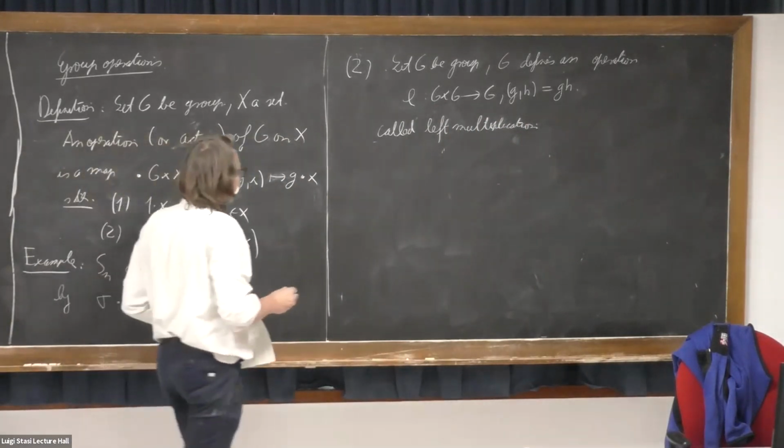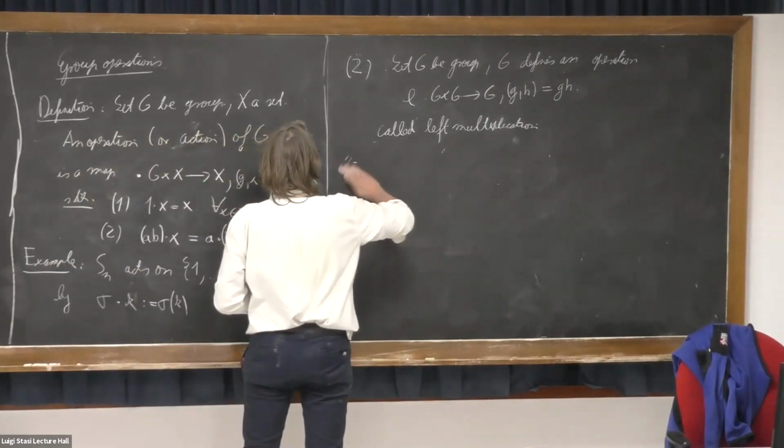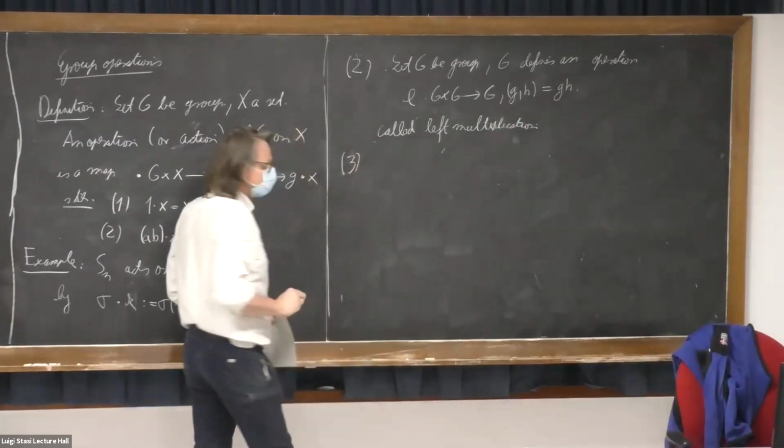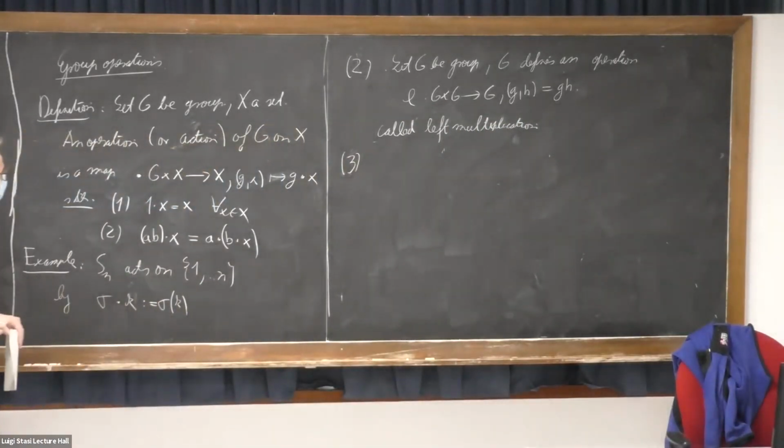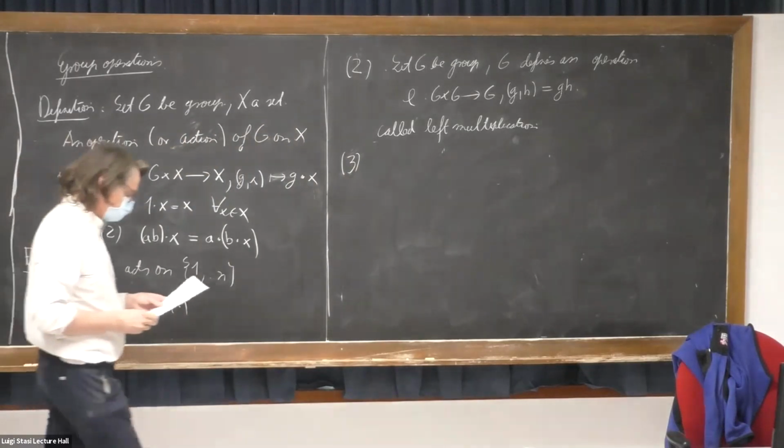Another natural action has to do with what we did with the normal subgroups, which is the conjugation action.